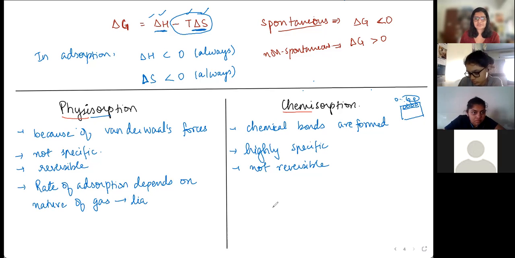I don't know if that's a word. Basically, how easily liquefiable that gas is. So for easily liquefiable gases, can you figure out the logic or connection between being easily liquefied versus being readily adsorbed?